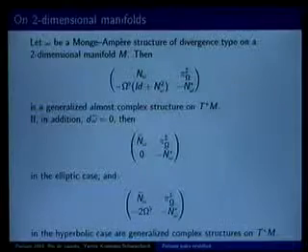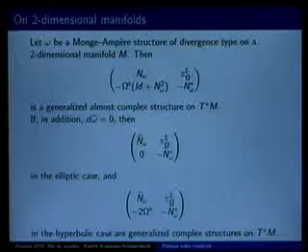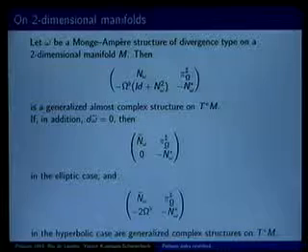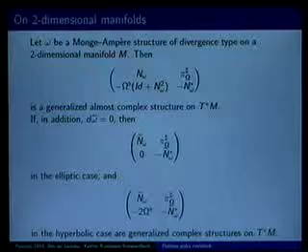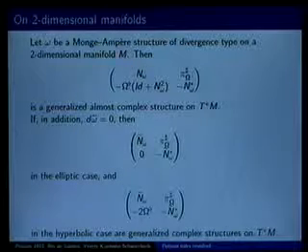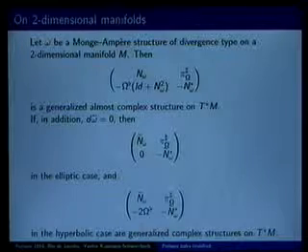And if that's the case, then you can find a beautiful generalized almost complex structure on T star M, which was built in the following way. Here it's written in matrix form. So the endomorphism part is n omega and minus n star omega. But you have the bivector part, and then you have a two-form part.